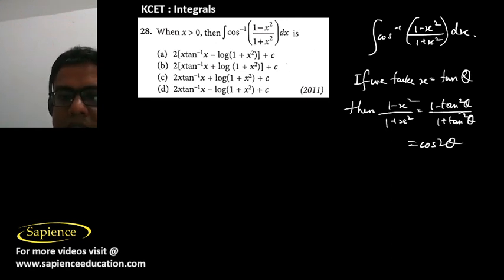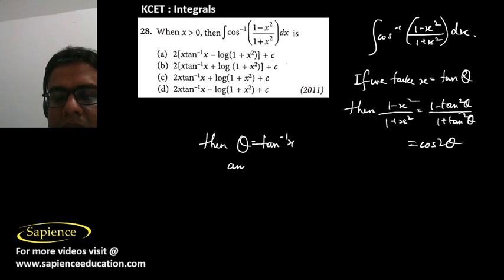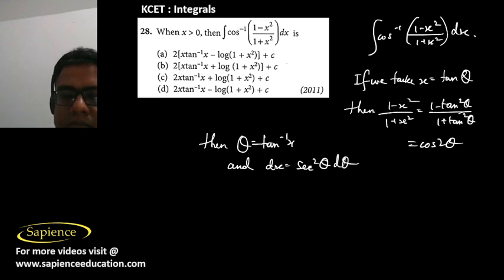So theta will be equal to tan inverse x, and dx will be equal to secant square theta d theta.